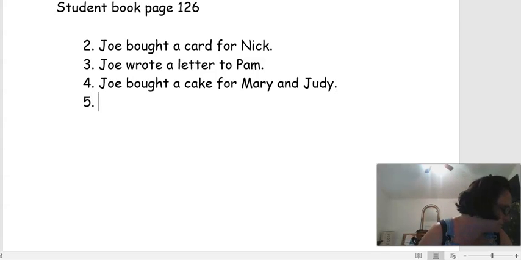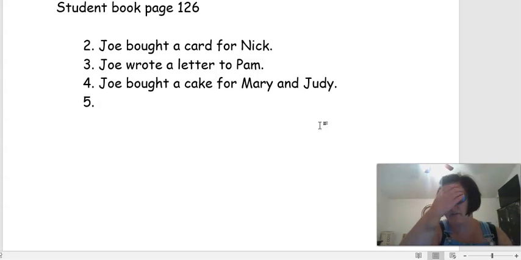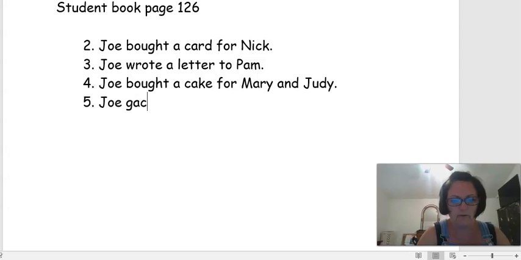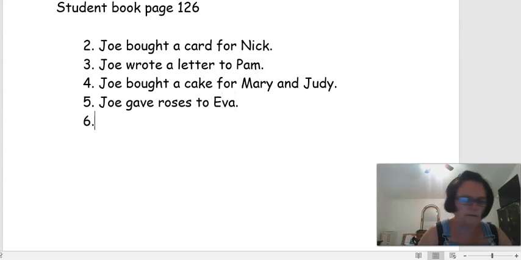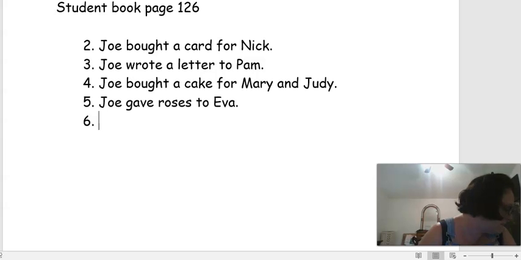Number 5. Joe gave roses to Eva. So the past tense of give is gave. So Joe gave roses to Eva.